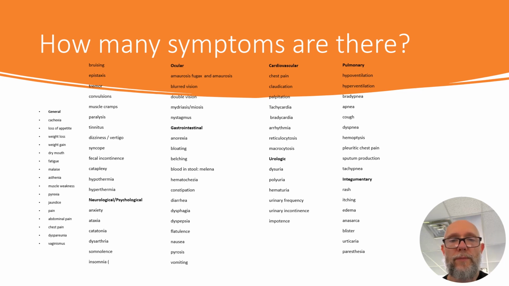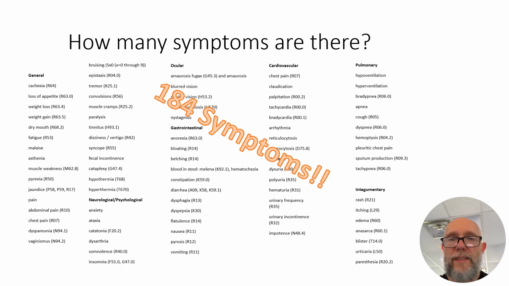So I went to the ICD-10 and I started pulling all of the symptoms that ICD-10 has collated for us. And I counted them all up, and there were about 184 symptoms. And if you think about it, you only have so many parts. Those parts can only manifest certain problems, and so there's a finite amount of symptoms, right? Headache, itchiness, gassy, burpy, chest pain, pressure, I see blood where I shouldn't. There's only so many symptoms.